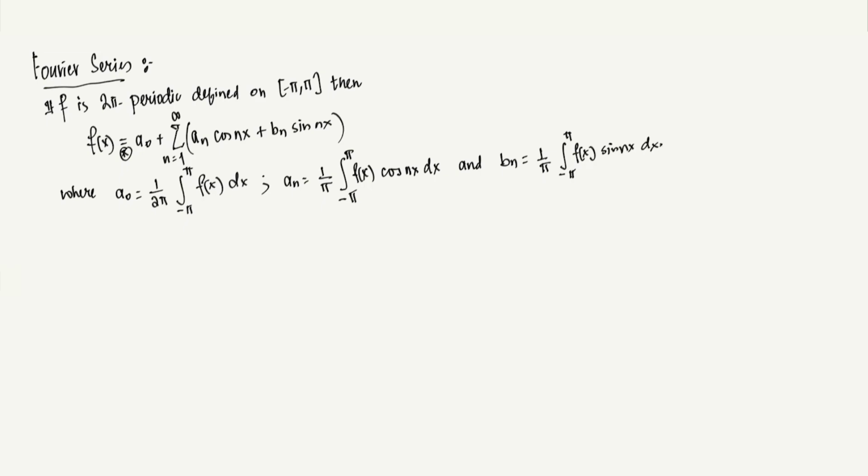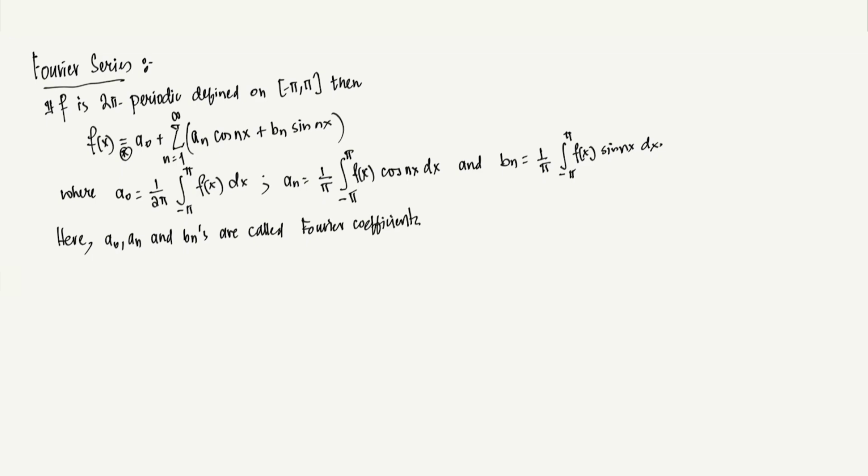Essentially this holds for almost every x, so you don't have to worry about it. For any continuous function, this is true, and we are going to do it next. So you understood the idea: if you have a 2 pi periodic function, we can write it in terms of a series where these coefficients, a naught, an, and bn, are called Fourier coefficients of f.